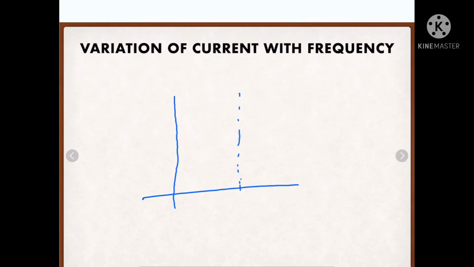So let's take, if f naught is over here, we are taking frequency on horizontal axis and current on vertical. It will look like it's going to be maximum at resonance and it will decrease either side. So it will look like this.